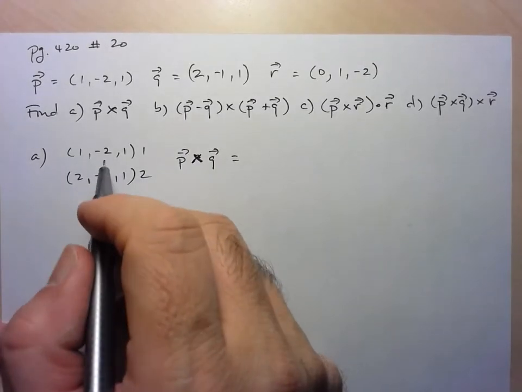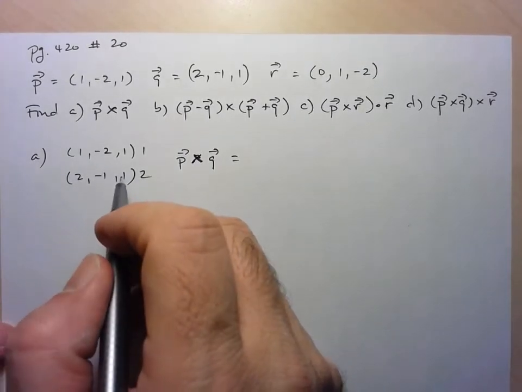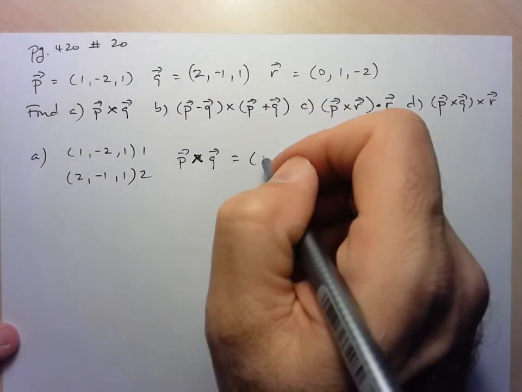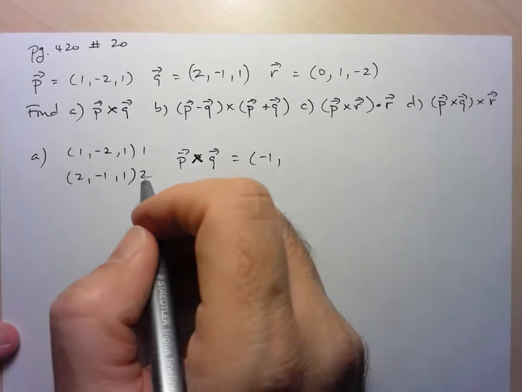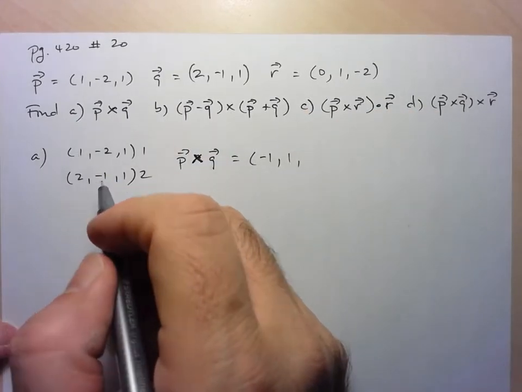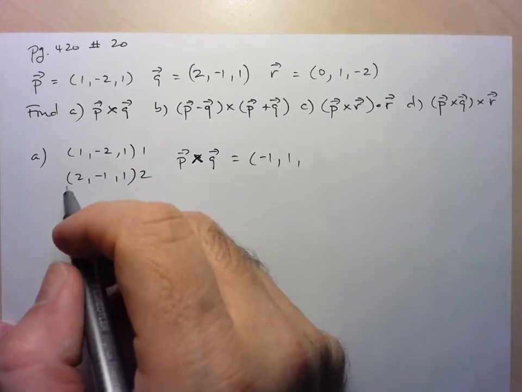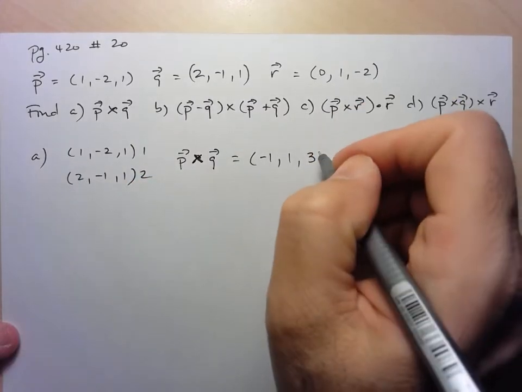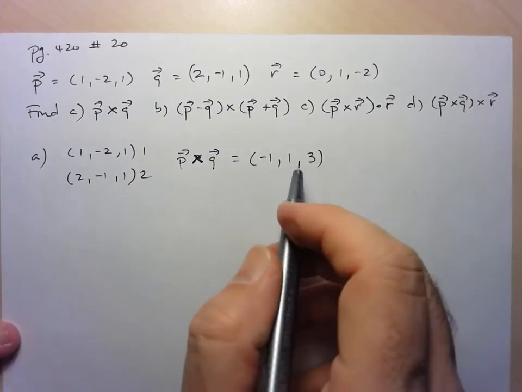So y and z components for x, so -2 minus -1, so -2 plus 1 is -1. Here we have 2 minus 1 is 1, and here we have -1 minus -4, so -1 plus 4 is 3. Okay, and so here is our first answer for A.